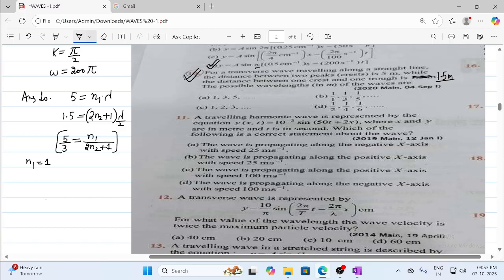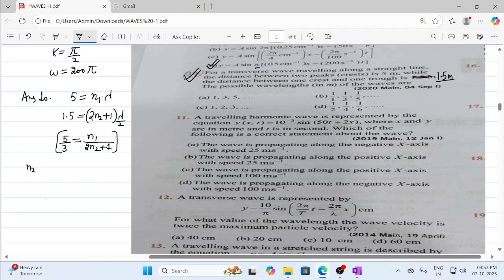So I will assume n2. If I take n2 equal to 1, then n1 will become 5. If n1 is 5, then lambda we can get from this equation, and it will be easier. Lambda will become 1.